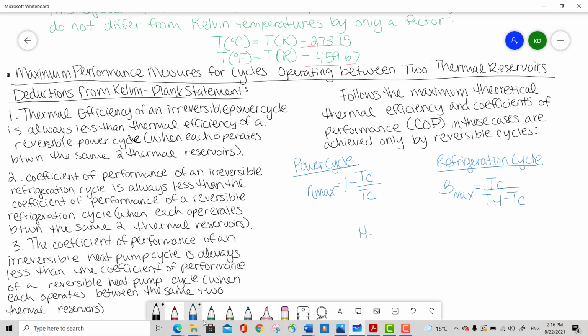And then lastly, the heat pump cycle, as well as the max, Th over Th minus Tc. And just a note here to point out that when using these, Th and Tc must be on the Kelvin or Rankine scale.